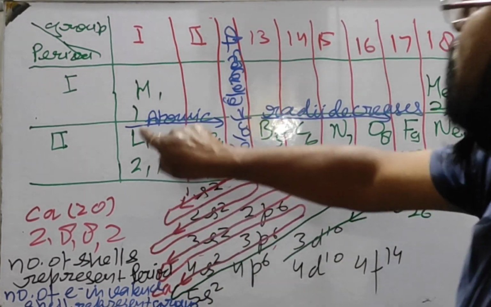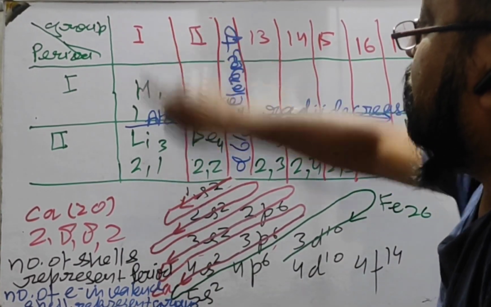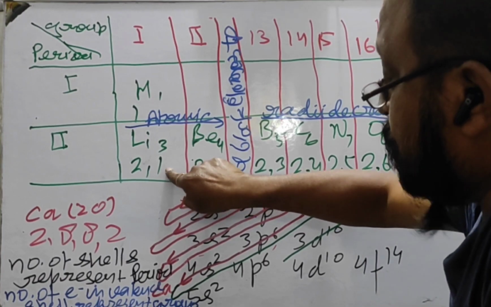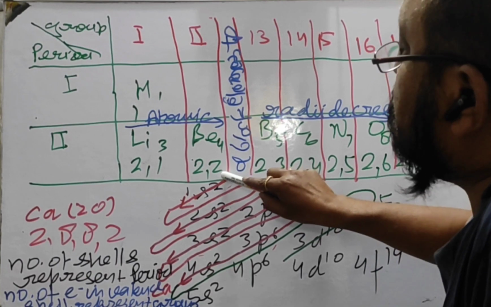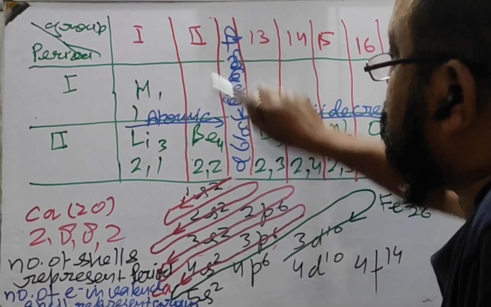So if it has one electron, first group. Lithium has one electron in its valence shell, so it is in the first group. If it has two electrons in the valence shell, second group.